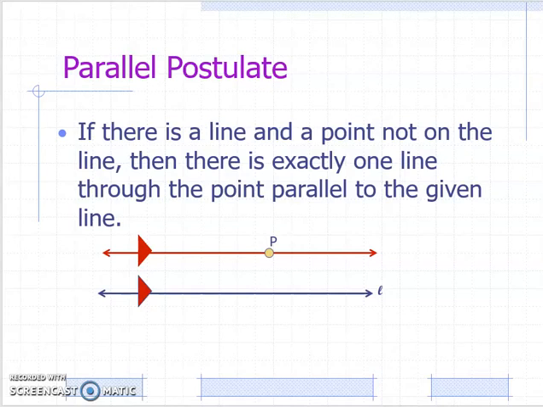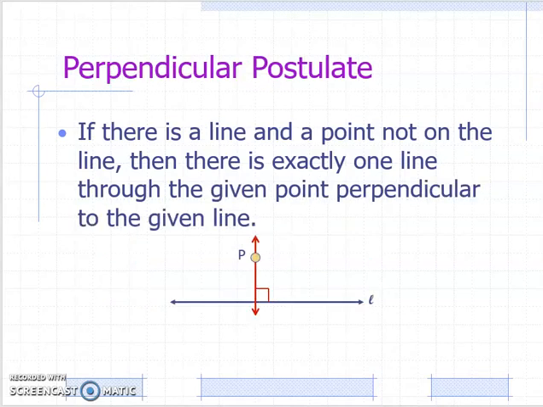All right, now we have what is called the perpendicular postulate. Remember what perpendicular means, that the lines would meet to form a 90-degree angle or a right angle. So here is the perpendicular postulate. If there is a line and a point not on the line, then there is exactly one line through the given point which is perpendicular to the given line. Now let's take a look at that. Again, we have line L in blue.